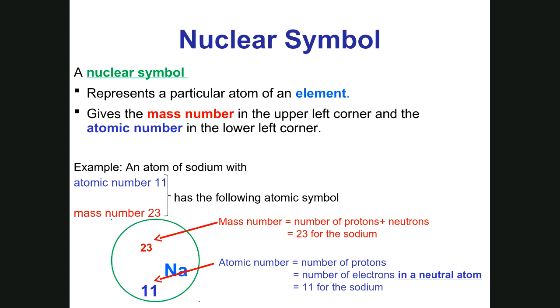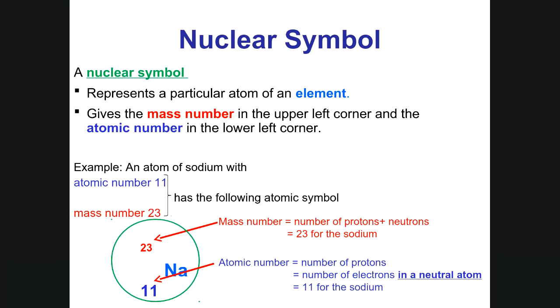So when I weigh an element, I consider the proton mass and the neutron mass. In other words, I consider only the mass of the nucleus of this element.